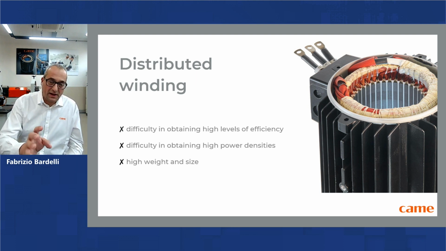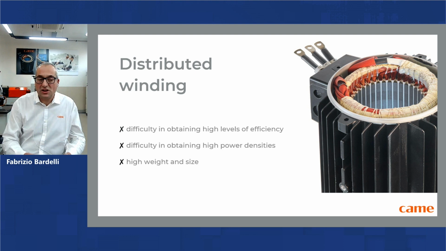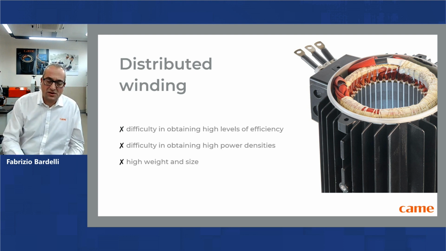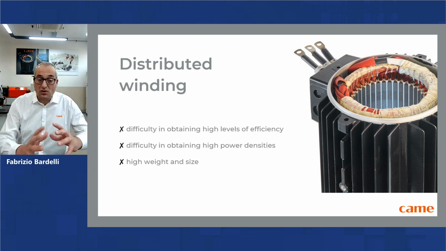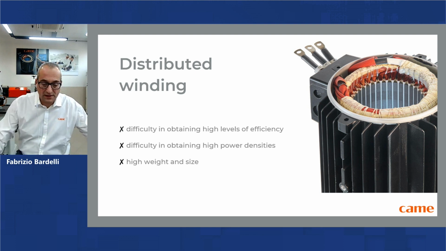So when size and weight are a key point, the distributed winding is probably not the right choice. And if you think about special sectors such as automotive or e-bikes, the distributed winding or the asynchronous motor probably cannot be the choice because of the weight and the size of the motor.